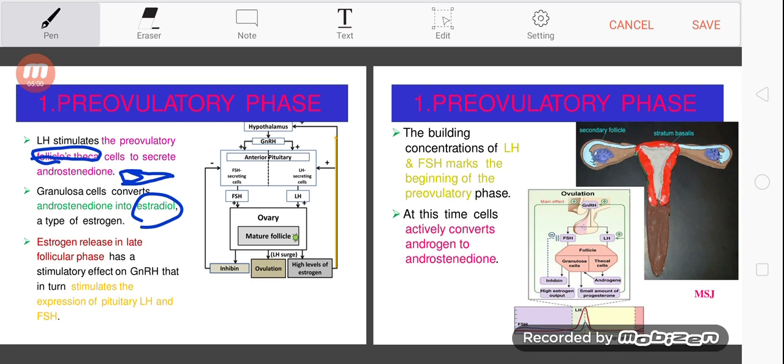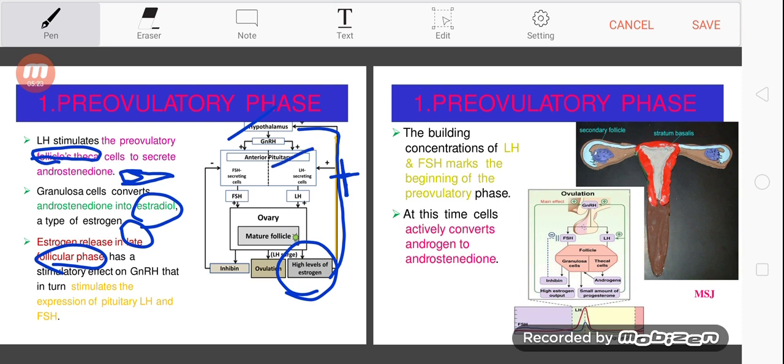The estrogen released in the late follicular phase has a stimulatory effect, a positive feedback. The high levels of estrogen at the late follicular phase are a positive feedback, a stimulatory effect for the hypothalamus and anterior pituitary.